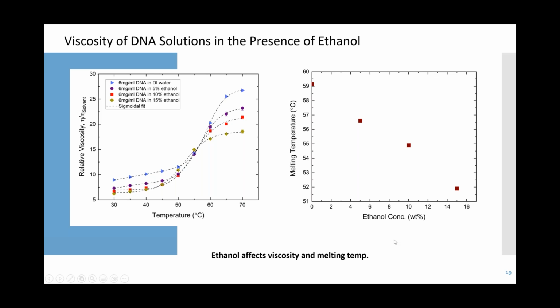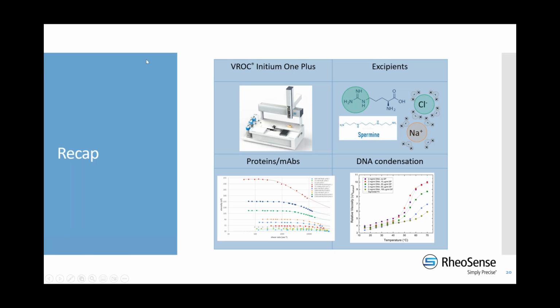So just to quickly summarize this presentation before we go over the questions, I just want to highlight that we showed how we used the Rheosense Initium 1+ and viscosity measurements to explore the effect of different types of excipients on the viscosity and rheological properties of biological molecules, such as proteins and DNA.